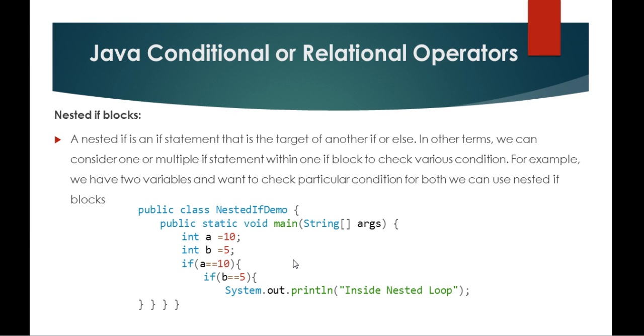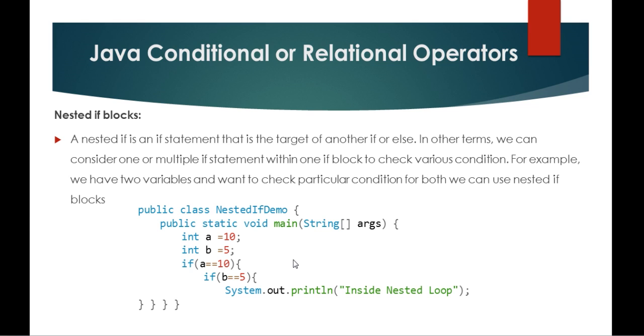We also had what we call the nested if block operator. A nested if statement is an if statement that is the target of another if or else. In other terms, we can consider one or multiple if statements within one if block to check various conditions. For example, we have two variables and want to check a particular condition for both.